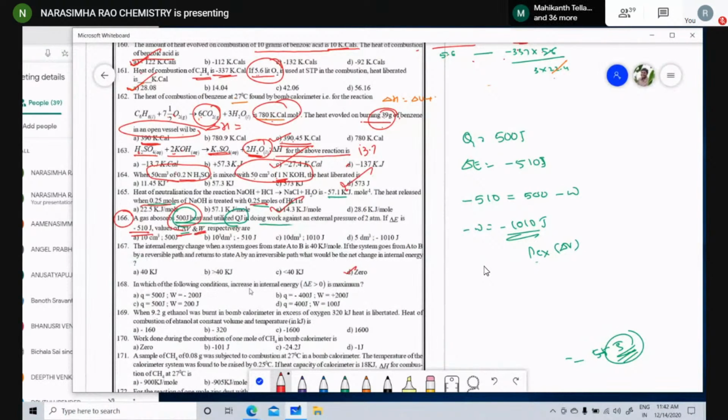Which of the following conditions increases the internal energy, delta E greater than 0? So we know Q plus W is equal to change in internal energy. So Q 500, to 200 means plus 300. Now minus 200. This is plus 500.